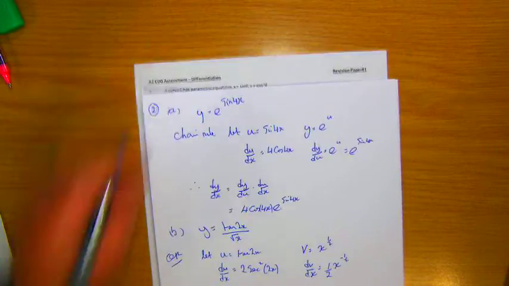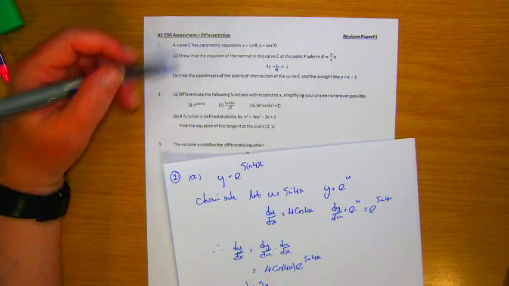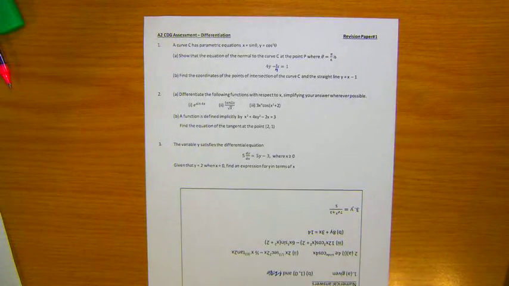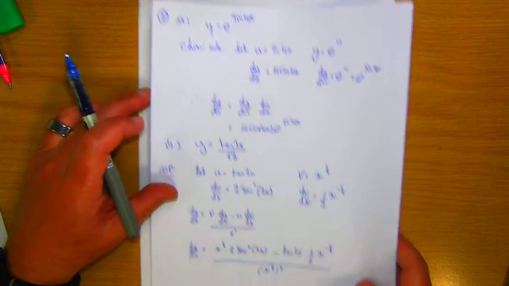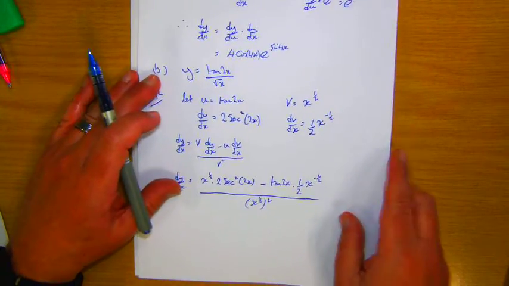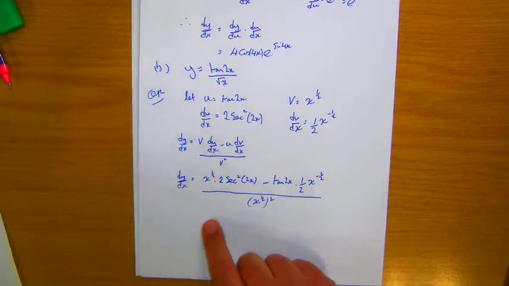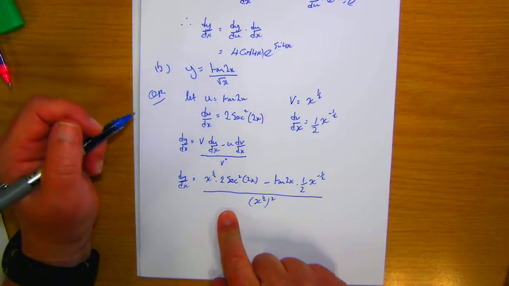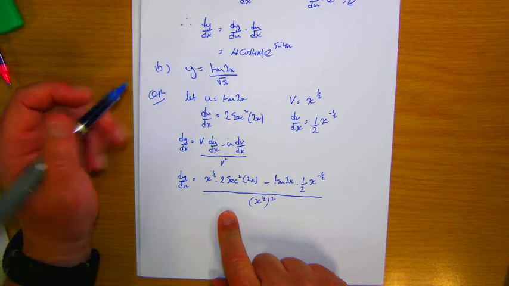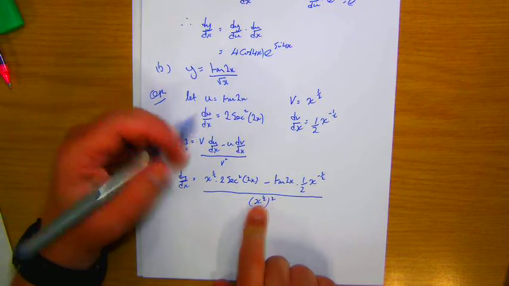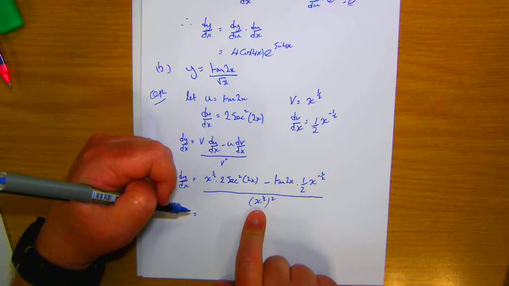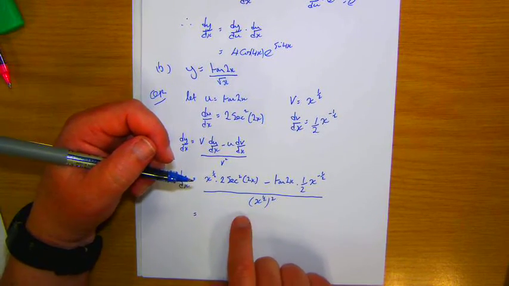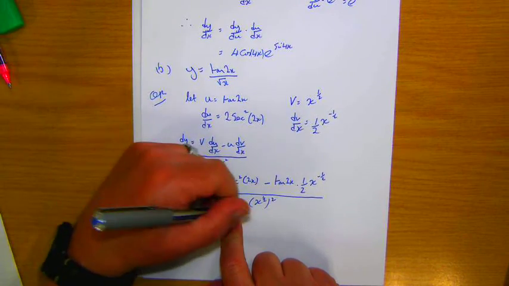Now the question is saying to simplify your answer wherever possible. So there's some more work that we can do with this. And what I suggest you do is, first of all, get rid of this fractional part here. So x to the half squared is just x, and it's that multiplied all over that.